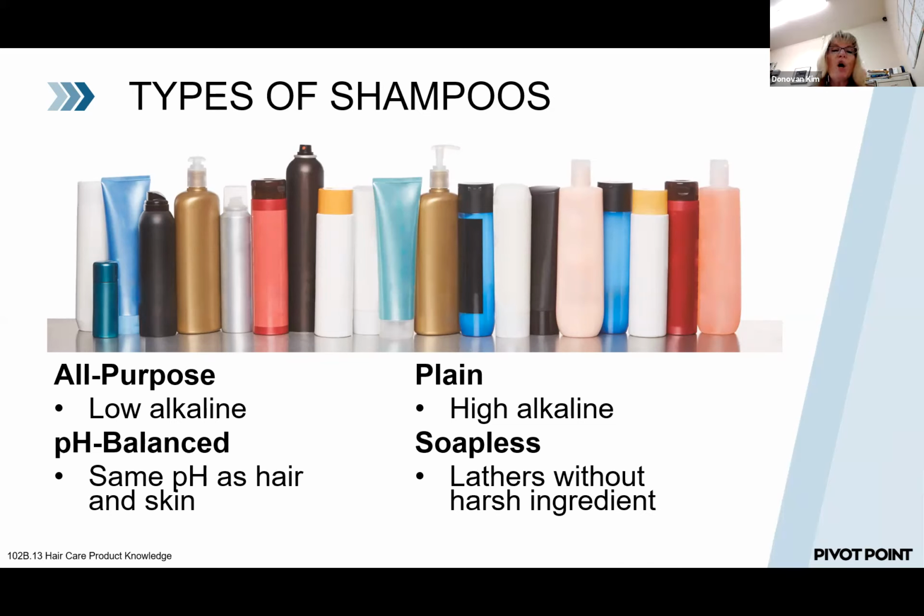But what you're going to know about an all-purpose shampoo is that it has a very low alkaline content and a low concentration of active ingredients. It's designed to cleanse the hair without correcting any type of special condition. It won't strip color. It's mild. It might even include an antifungal or an anti-dandruff agent. So it's what they say, it's all purpose.